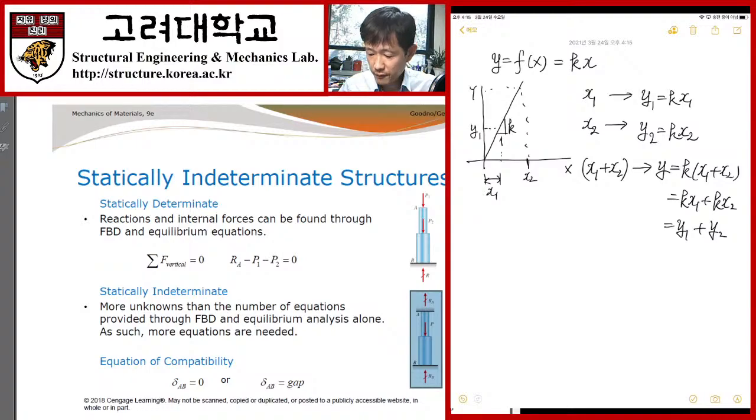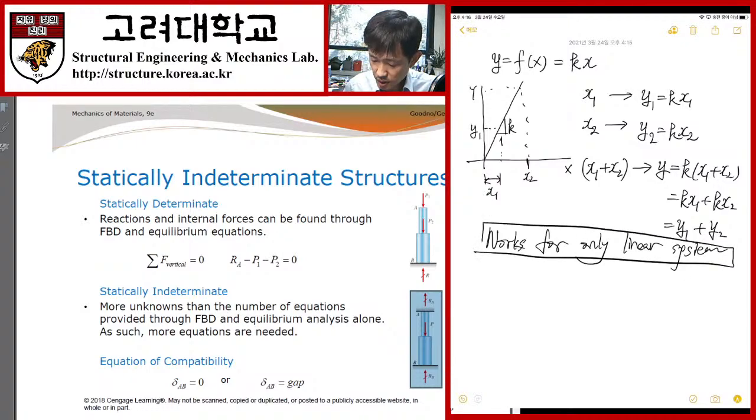That works only for the linear elastic system, only for linear systems. This is very important. For example, if you have a nonlinear system, in that case, it is really obvious that the principle of superposition is not working.